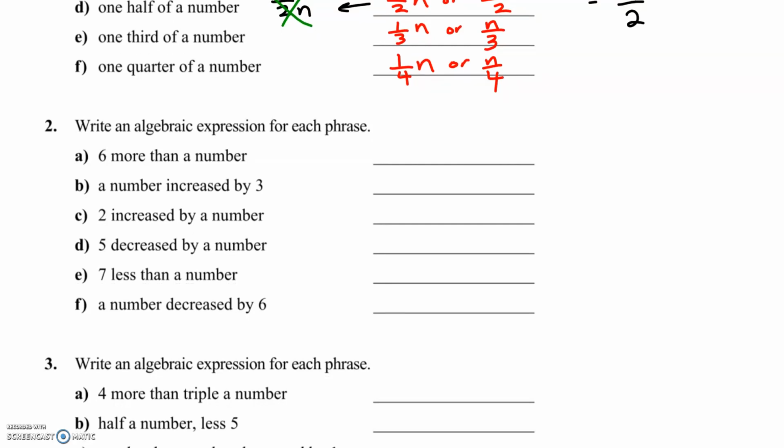So that means 6 more is we're adding 6, and we're adding 6 to the number. So it'd be n plus 6. A number increased by 3, so increased also means addition.